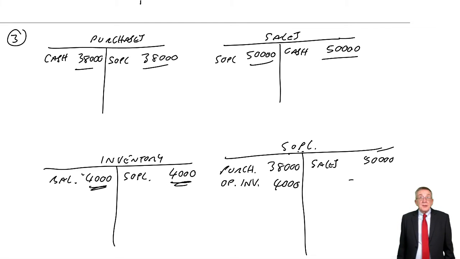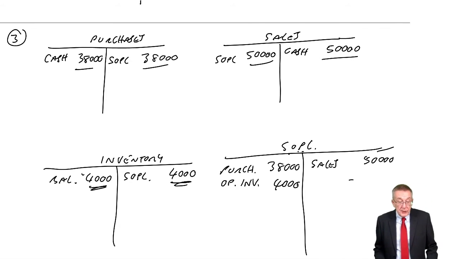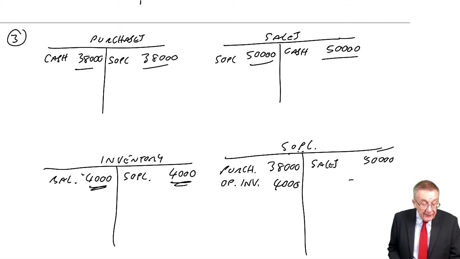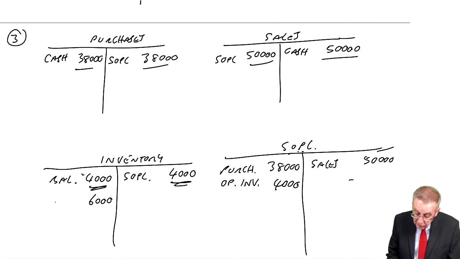We've now got a balance of 0, and so just like we did last year, we now create the closing inventory. The closing inventory is 6,000. Debit inventory, credit statement of profit or loss.